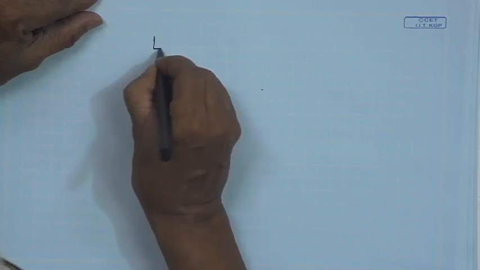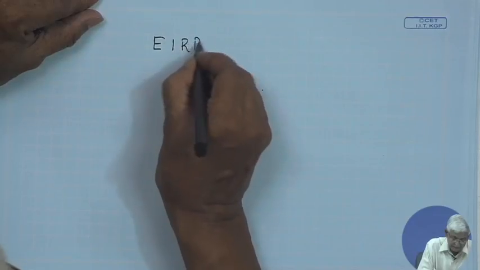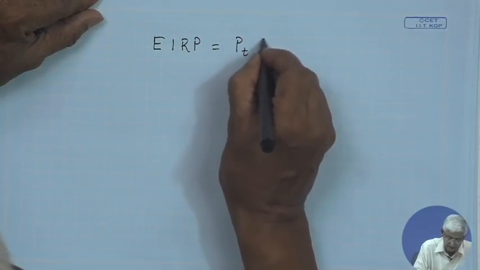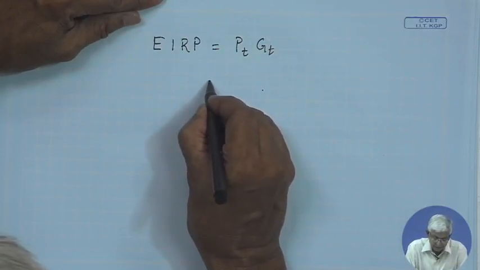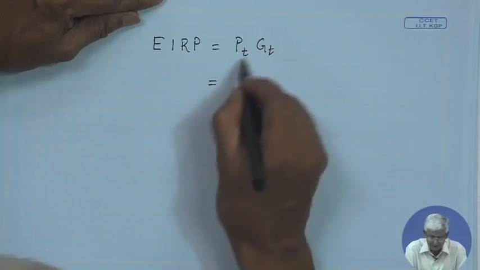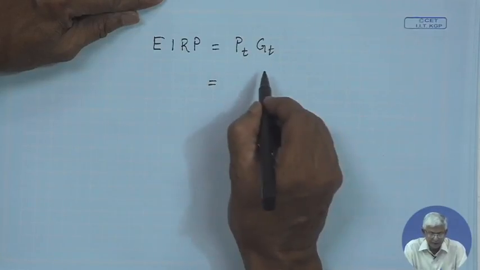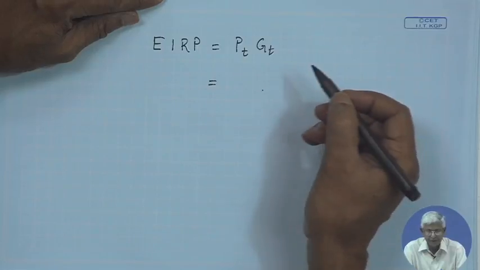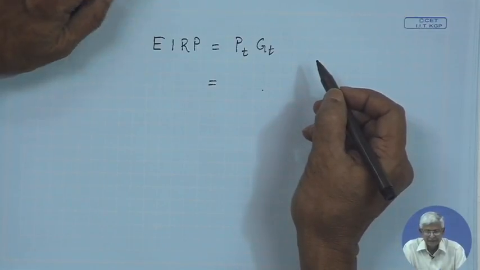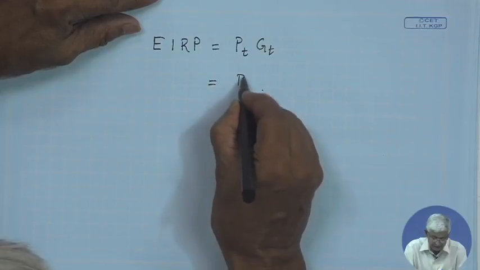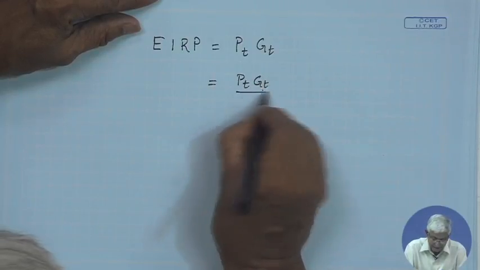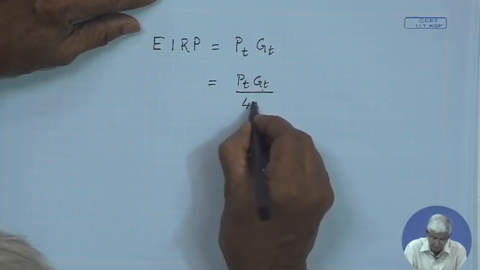Let us do some jugglery of parameters. EIRP was PT into GT in ratio. Now, I try to put this in terms of power flux density, that will be divided by 4 pi r square, and I also want to put it in terms of path loss, that is 4 pi r by lambda whole square. So, simply this PTGT can be written in this form, PTGT divided by 4 pi r square.